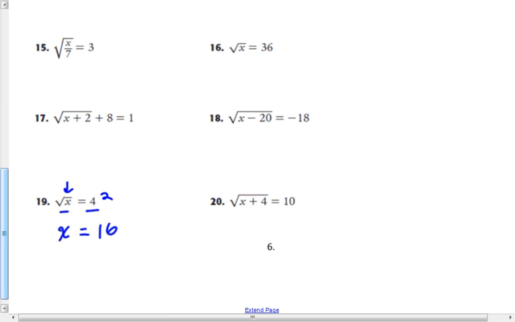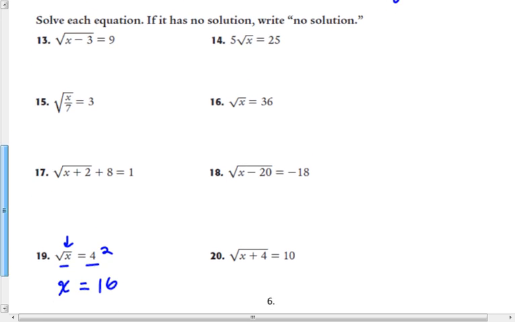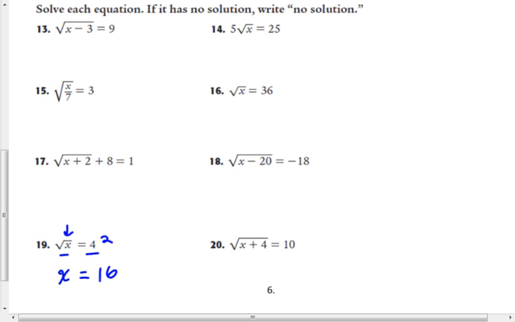And let's go up and do number, let's see here. I think I'm just going to add one here so you can get a simple problem like this. What if I wanted to do this? Say we wanted this to equal negative 4. Now, if you square negative 4, you get 16, right? So you'll say, all right, so x is 16, but wait a minute.